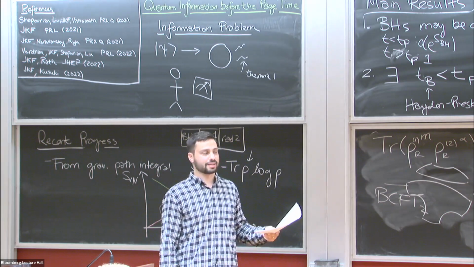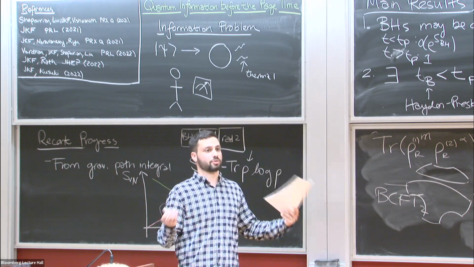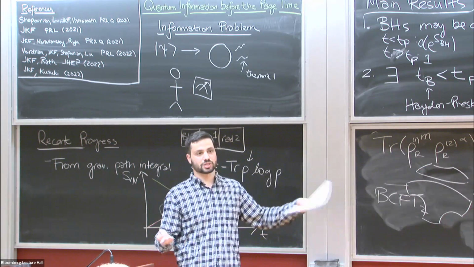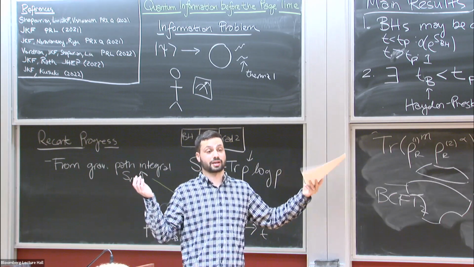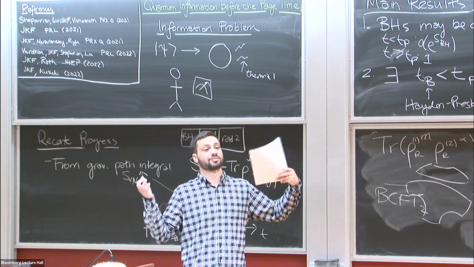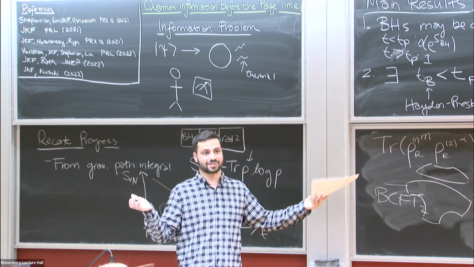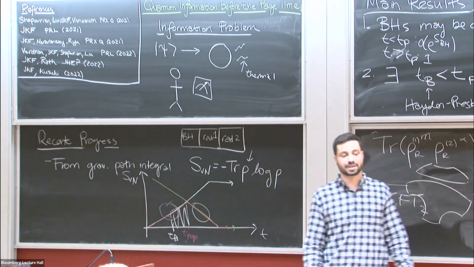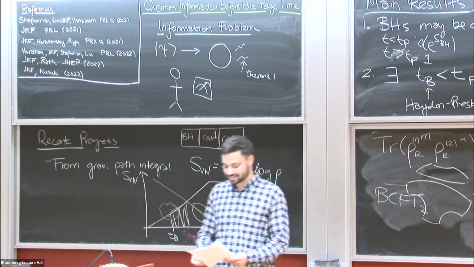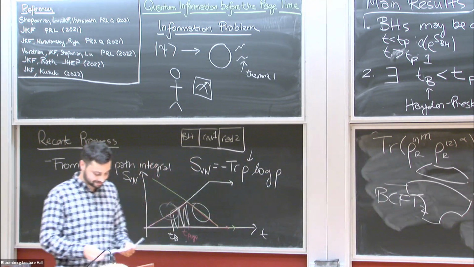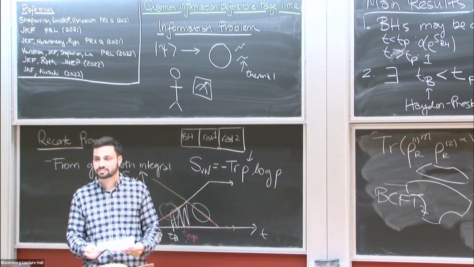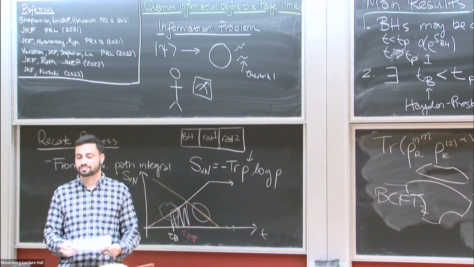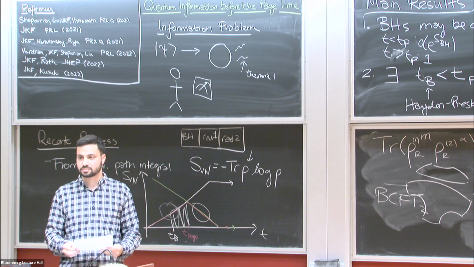So I think you're right in saying that before the Page time, at least this construction says that if you do an exponentially large number of very difficult measurements, you can do it. And after the Page time, it'd still be one very difficult measurement, but at least you could do it in one shot. The optimal procedure is likely a very complicated joint measurement on many copies, rather than many complicated measurements each on one copy.